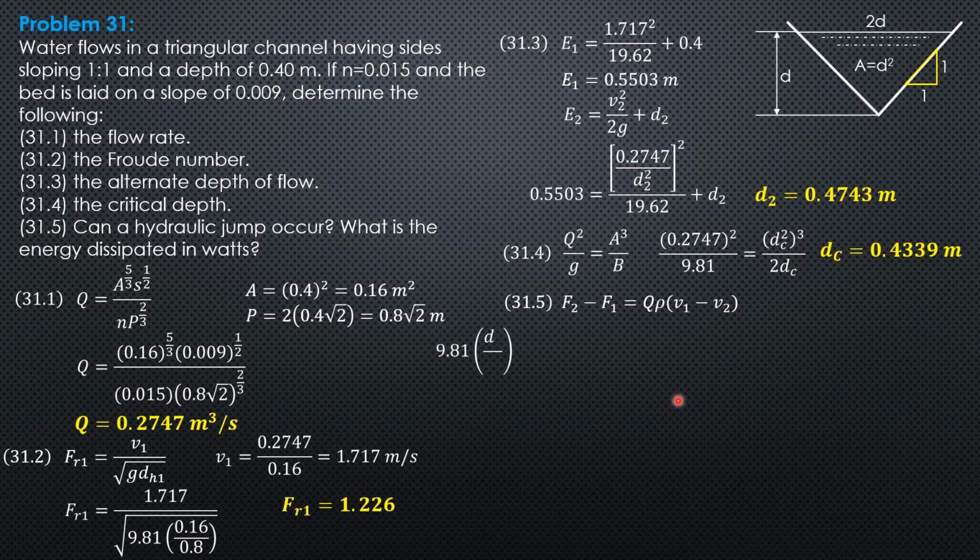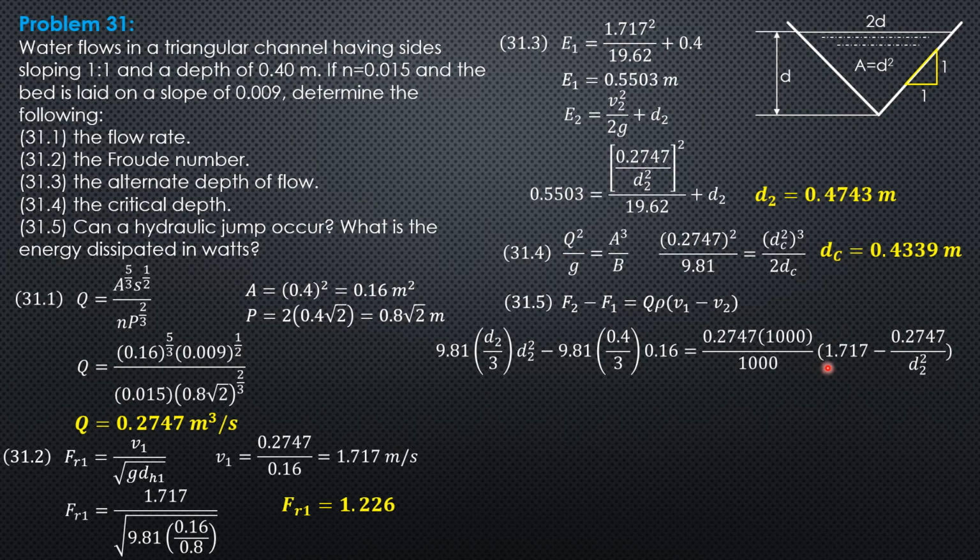So 9.81, depth 2 over 3, area 2 is depth 2 squared, minus 9.81 times h bar 1 is 0.4 over 3, area 1 is 0.16 or 0.4 squared, equals Q, density of water 1000 kilogram per cubic meter. We divide by 1000 to match the unit at the left.